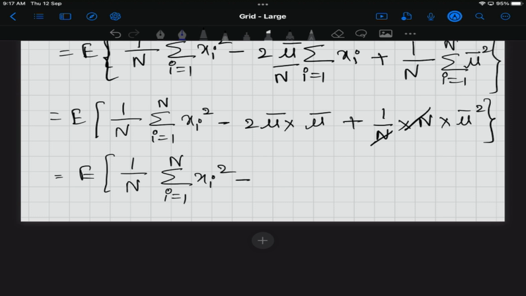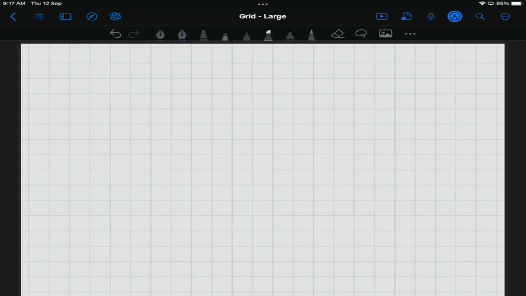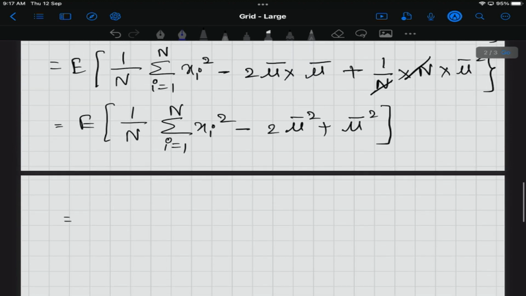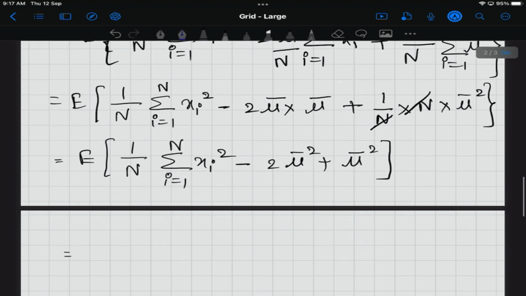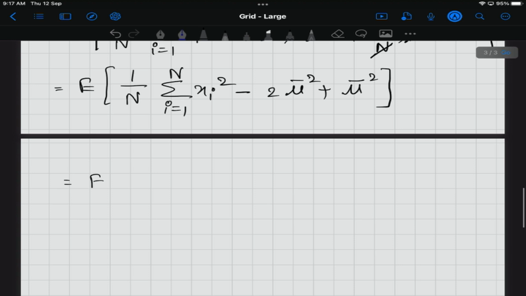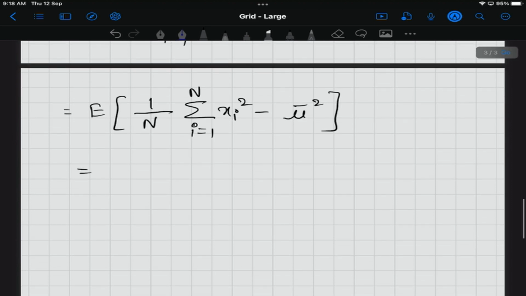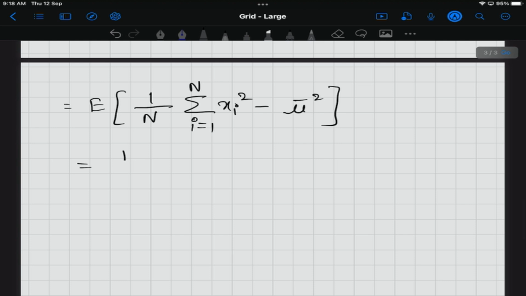This is 2 mu square plus mu square, mu hat square.